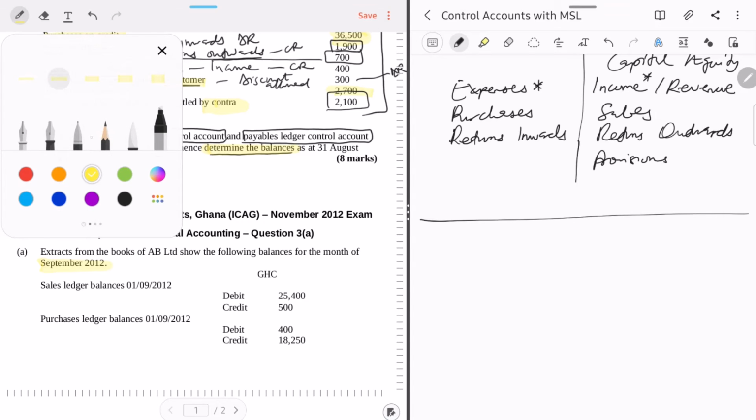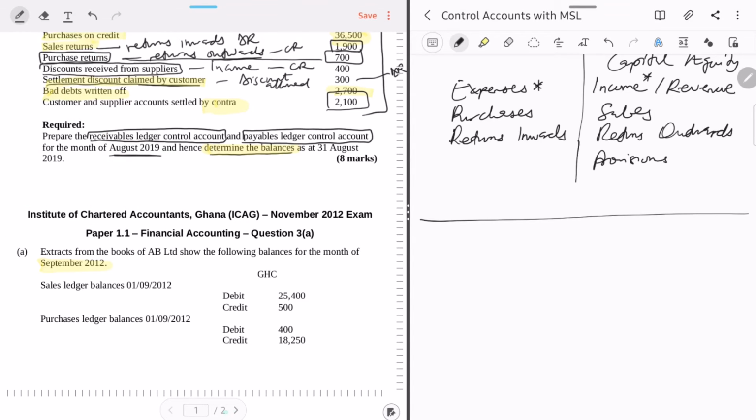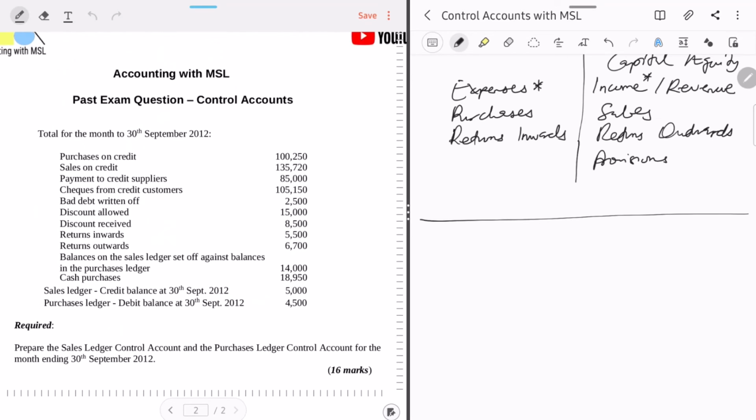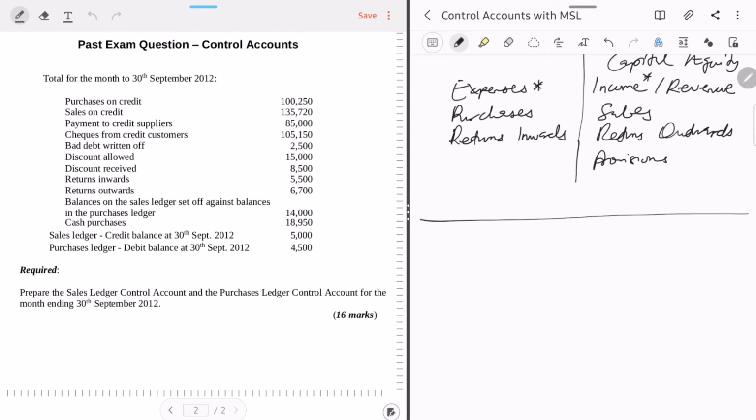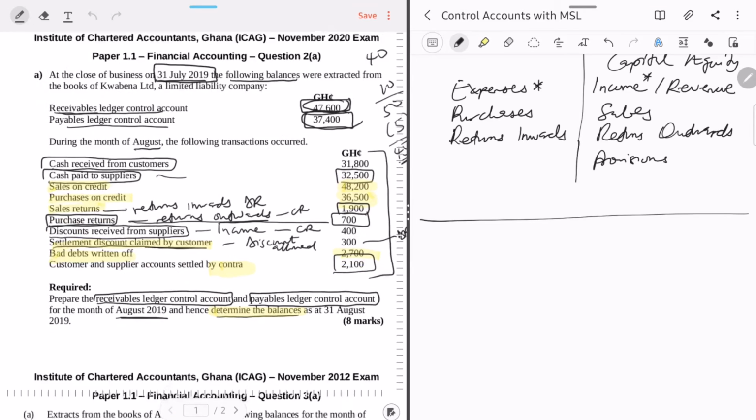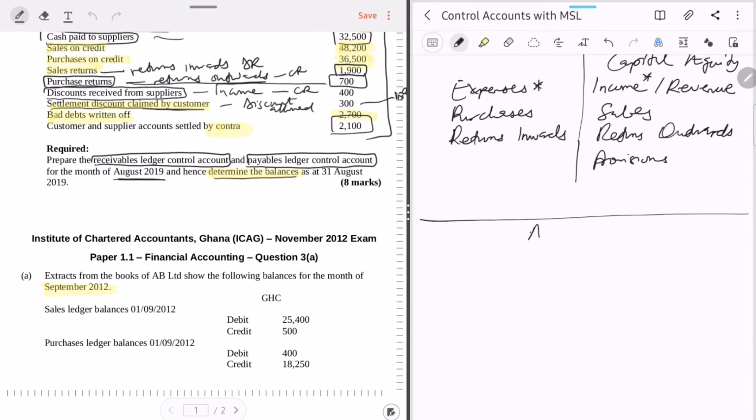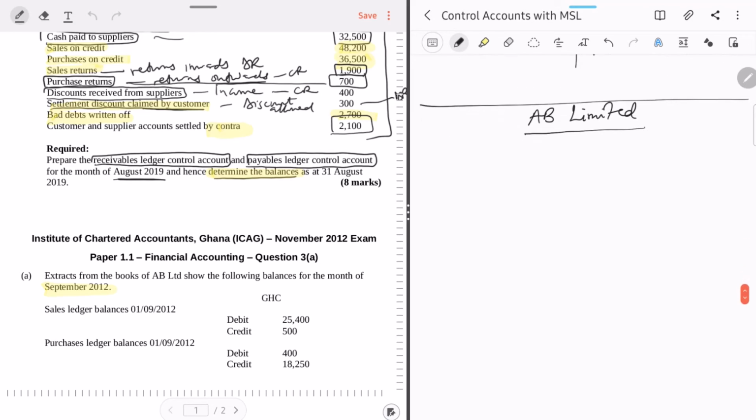So we have balances. Let's go to the requirements. What are we told? Prepare the sales ledger control account and the purchases ledger control account for the month ending 30 September 2012. So I have AB Limited, it's best practice to always write the name of the company. I don't think I did the first time. So let's open a bigger one this time.